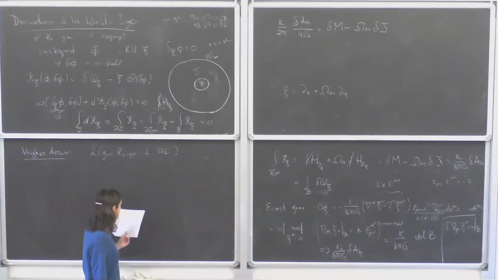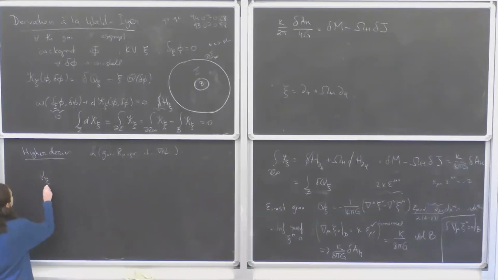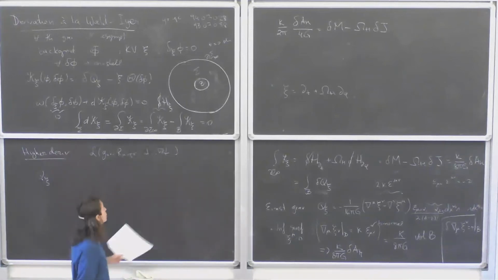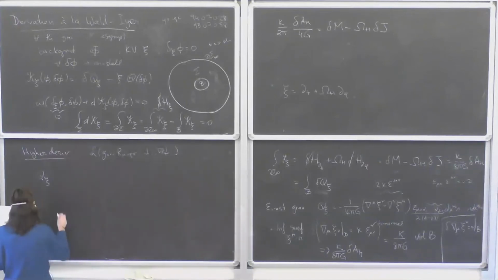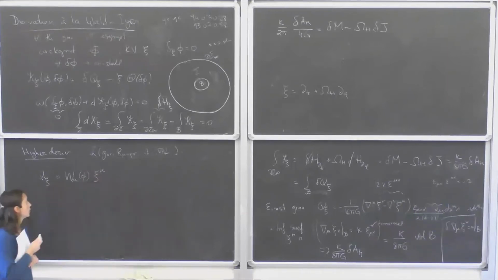So basically what Wald and I prove is that this QC, which is the D-2 form, which will ultimately enter this contribution from the bifurcation surface, is given by some contribution which depends on your fields times some contribution that's proportional to the Killing vector.